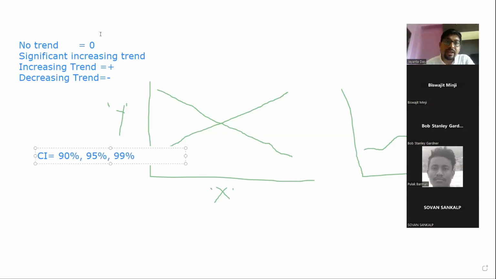So we have to check for no trend. If it is significant, then we have to decide whether it is increasing or decreasing. Otherwise, it is no trend, right?